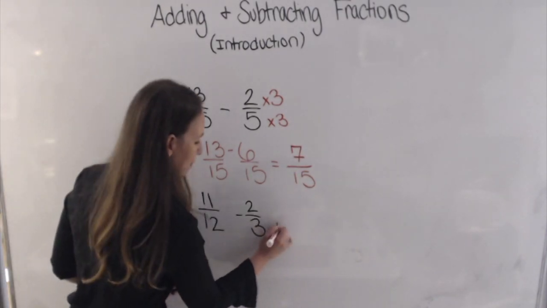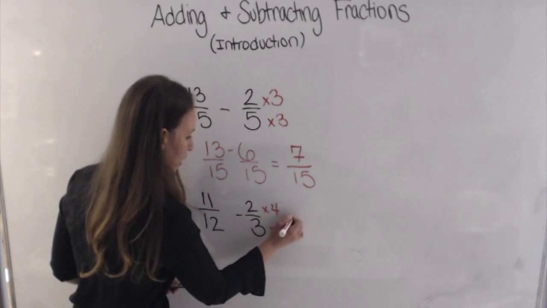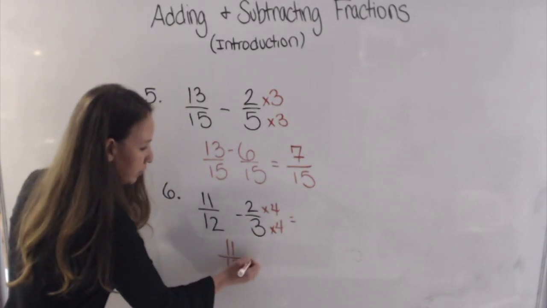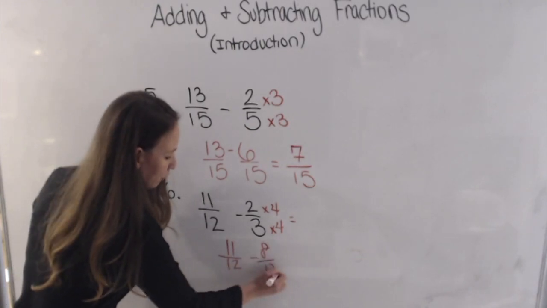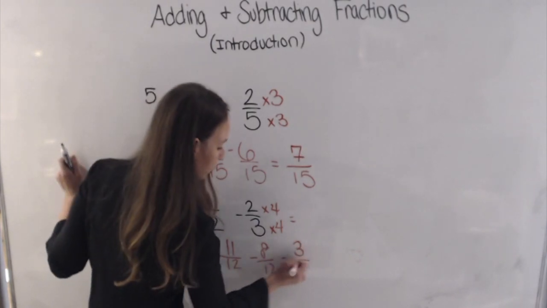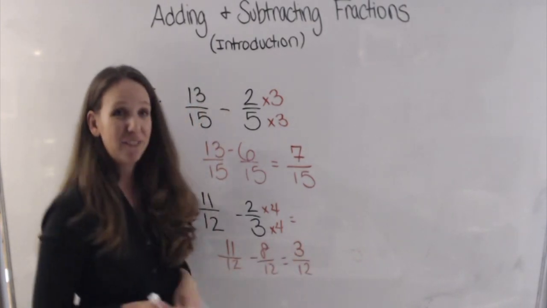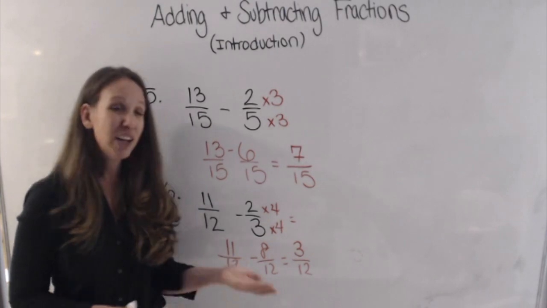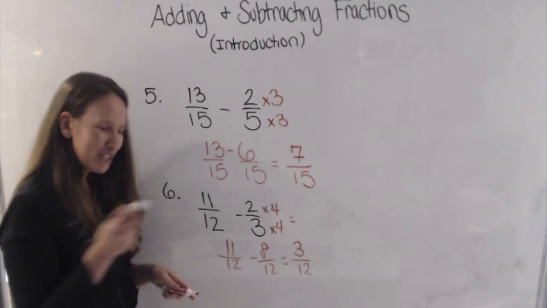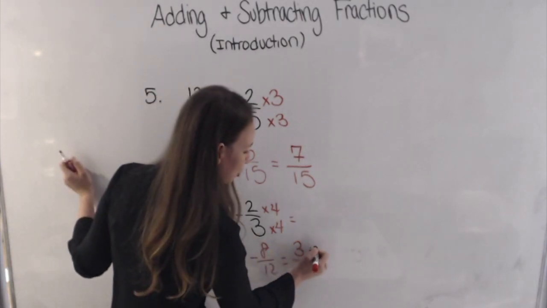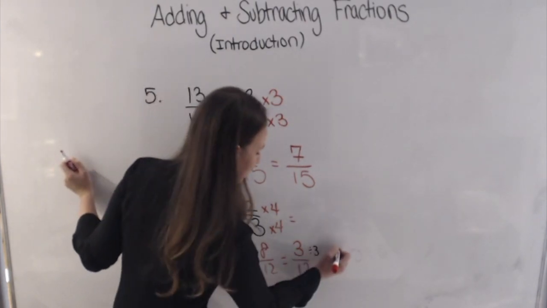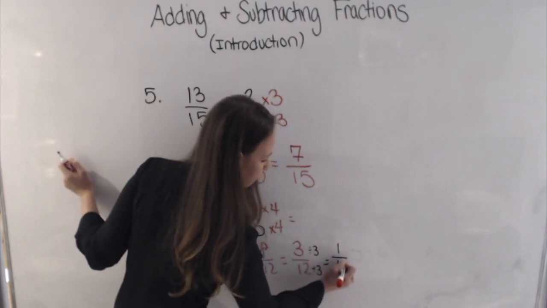So I'm going to multiply by 4, multiply by 4, which then gives me 11 over 12 minus 8 over 12, which when I subtract 11 minus 8, I get 3 over 12. Now, if you left your answer here, your answer's right, but not completely right, because we need to reduce. I can divide both the numerator and the denominator by 3, so you have to. And we get 1/4.